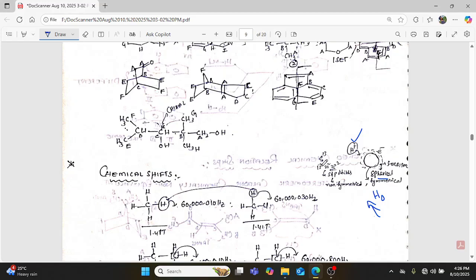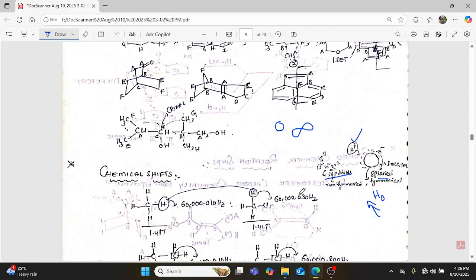But in the case of carbon, what happens? Along with the s orbital, we have the p orbital also. The s orbital means this is the circle one, the p orbital means this is the dumbbell, right? Because of the presence of the p orbital, the distribution is unsymmetrical.